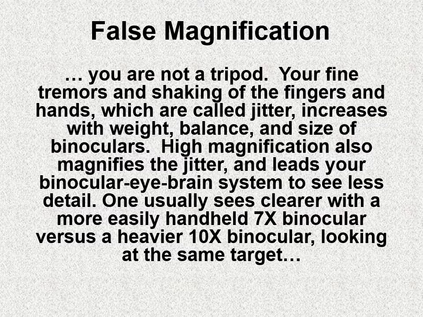High magnification magnifies the jitter, and binoculars aren't operating in a vacuum. There's a binocular eye brain system, and you'll see much less detail. One usually sees clearer with a more easily handheld 7 power binocular versus a heavier 10 power binocular looking at the same target.